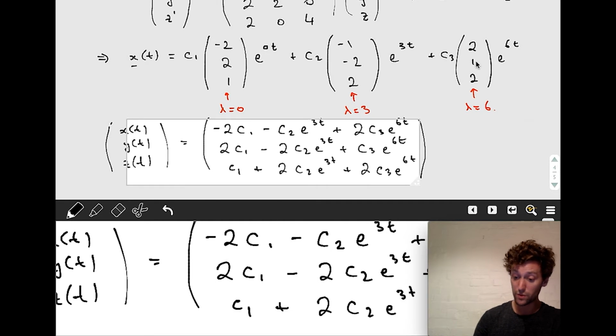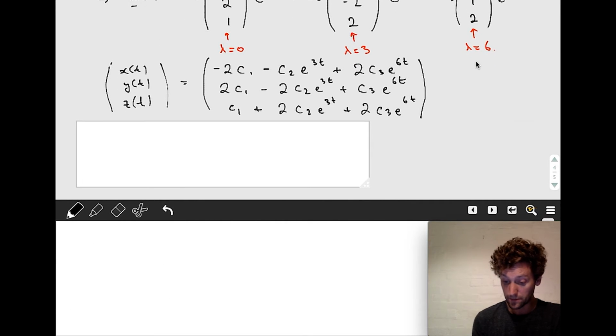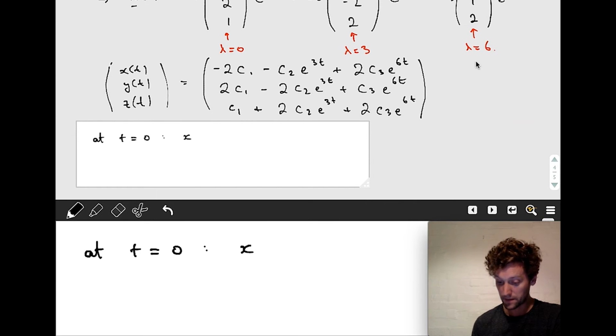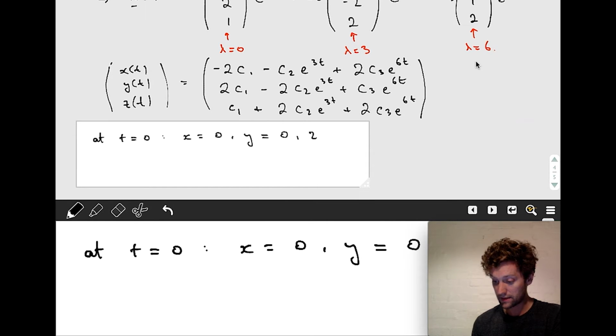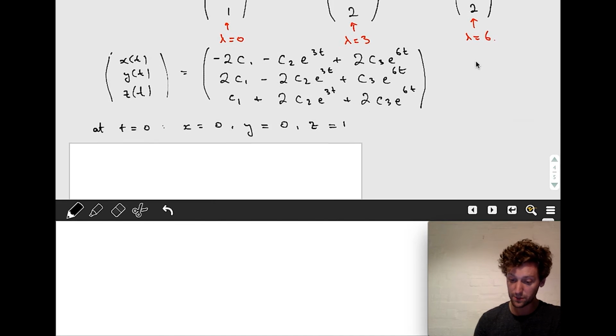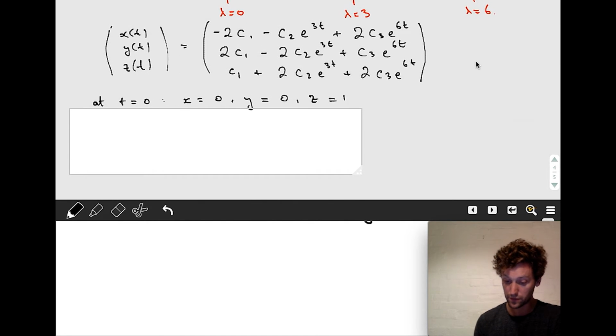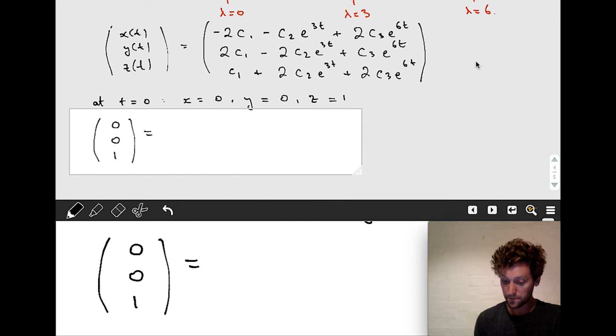To fix those, we're going to need to use the information at t equals 0. So at t equals 0, we're told that x is equal to 0, y is equal to 0, and z is equal to 1. So let's substitute that into the expression that we've just found. So when t is equal to 0, I get x equal to 0, y equal to 0, z equal to 1.